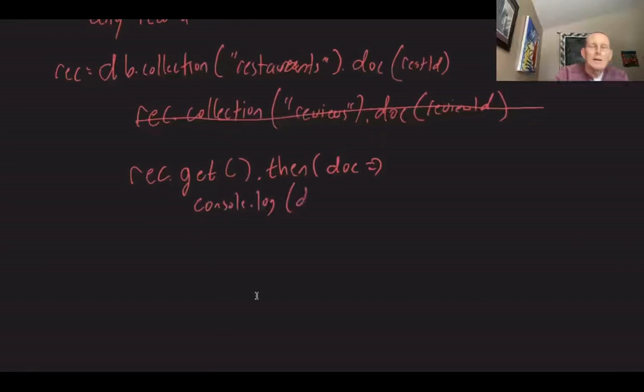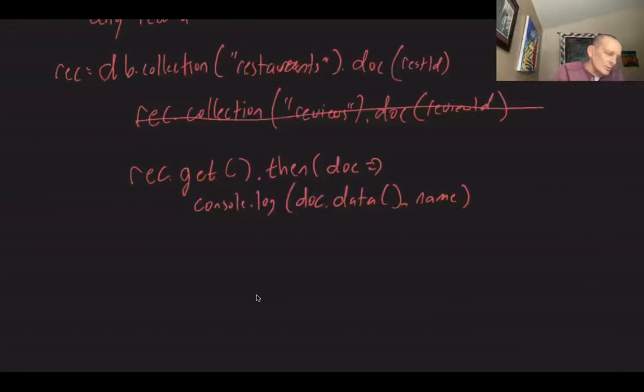So that would be doc.data.name, doc.data.cuisine, and so on.